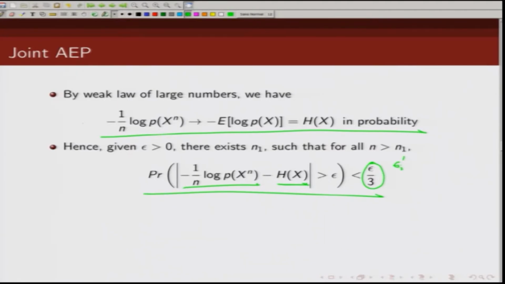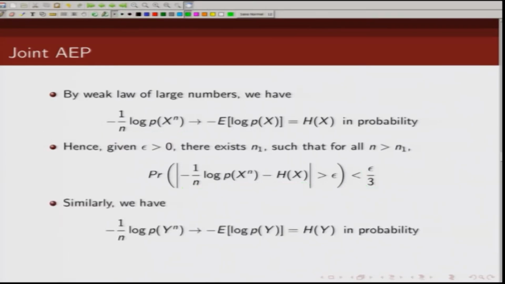So this is equivalent to the statement that minus 1 by n log of p(x^n) converges to the entropy, and this convergence is in probability. This is an alternate way of writing the same thing.